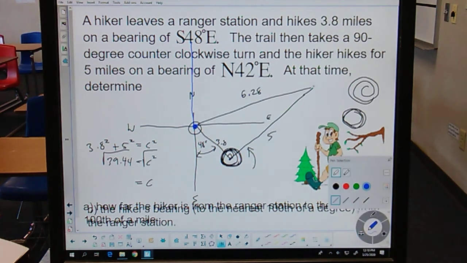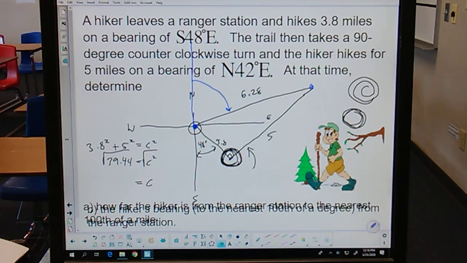If the hiker's right here, we're trying to find this angle. There's a couple of ways we could do this. We could simply say, we know this is 48 degrees right here, and we know there's a 90 right there. That makes 42 right here. 90 degrees minus the 48.